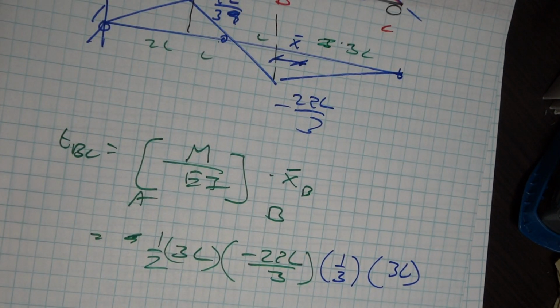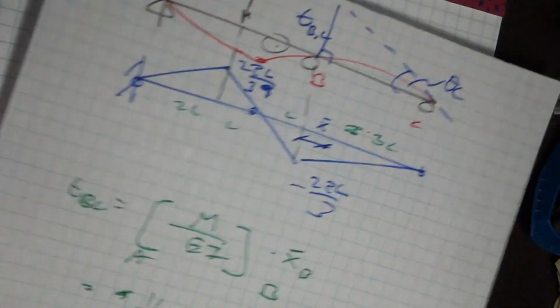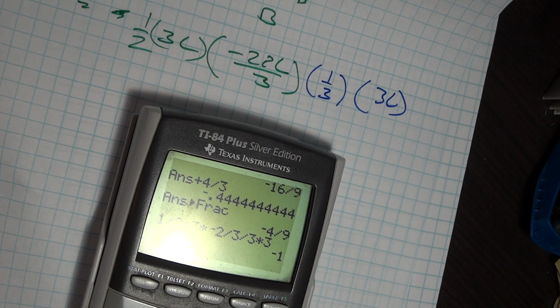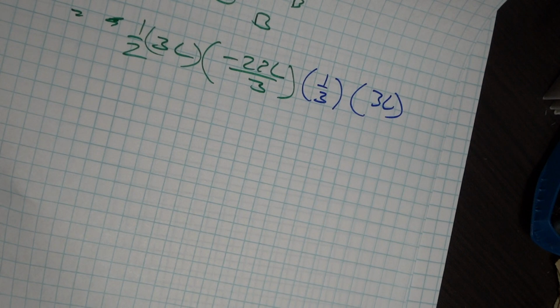And if I plug this all into my calculator, I'm going to get 1 divided by 2 times 3 times negative 2 divided by 3 times 3 is equal to negative 1.